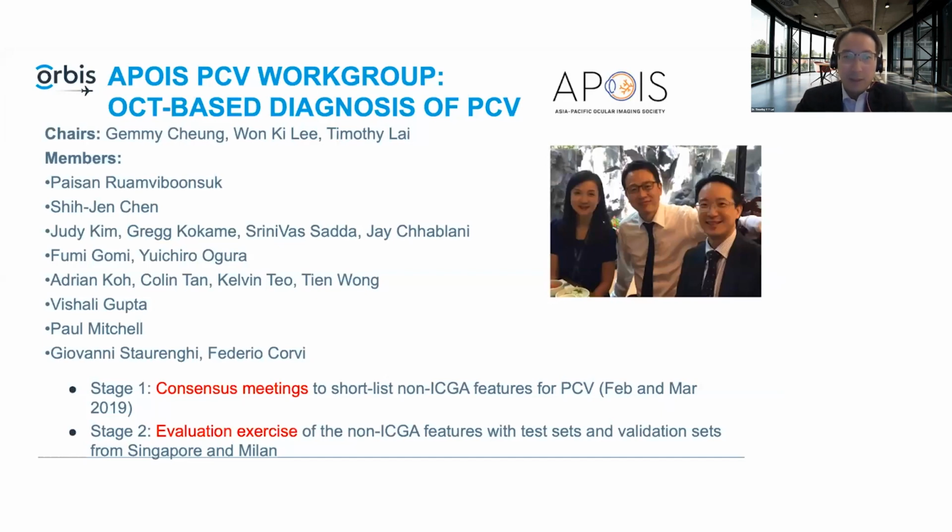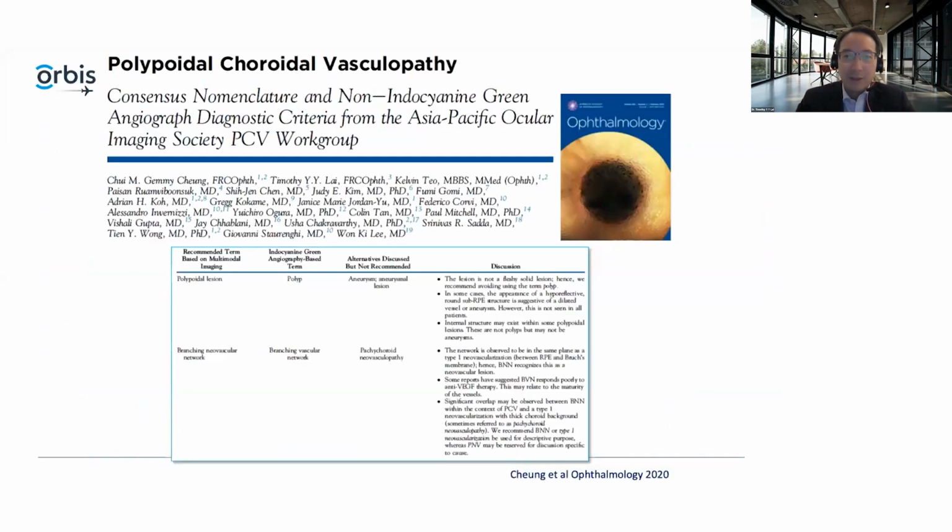Together with many experts throughout the world, we held consensus meetings to shortlist some of the non-ICGA features for PCV and then validated the findings. This was published three years ago in Ophthalmology. So we recommend some terms to standardize the nomenclature, now used on multimodal imaging for the polypoidal lesions and also for the branching neovascular network.